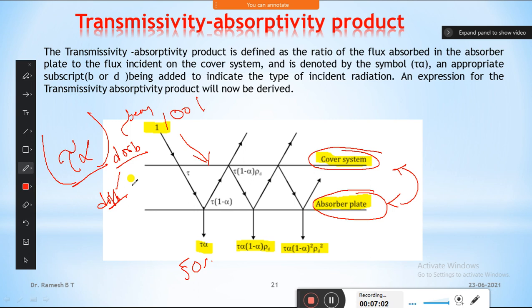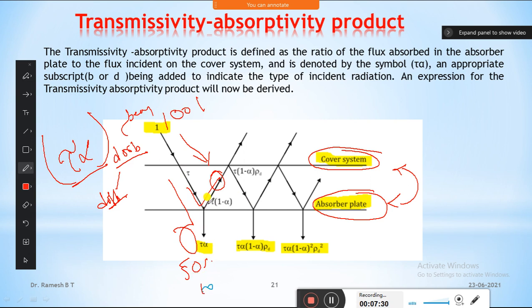A part of this is absorbed, and a part is diffused, meaning some part is absorbed directly and some part will again be diffused, that is, reflected. Out of the reflected part, some part is absorbed with the help of this absorber plate and it becomes tau alpha.